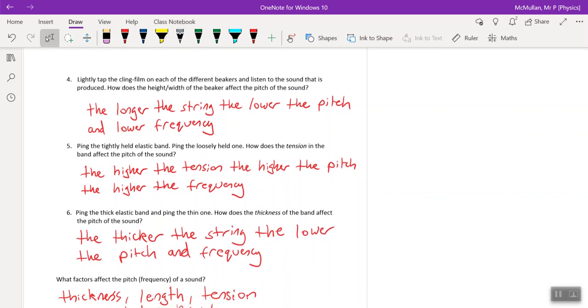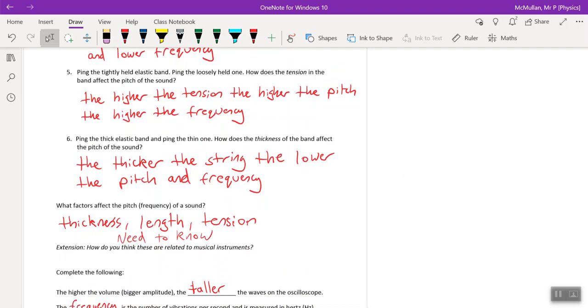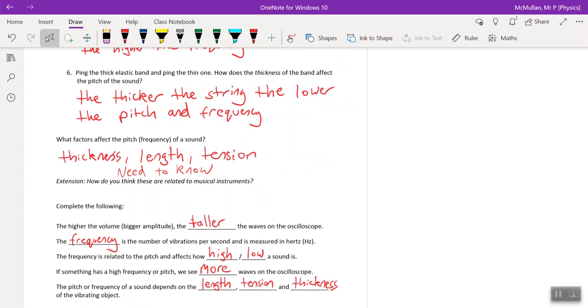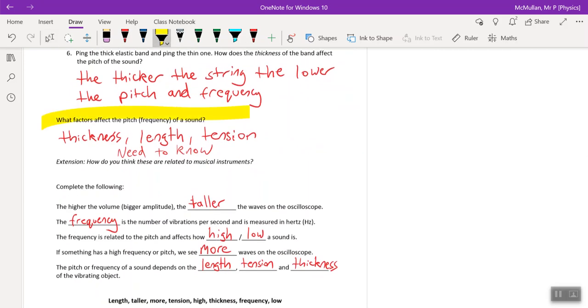An elastic band, if it is in high tension, it will be a high frequency. If there's a piece of string which is thick, the thicker the string, the lower the pitch and frequency. The summary of this is that the thickness, length, and tension all affect the frequency of a sound.